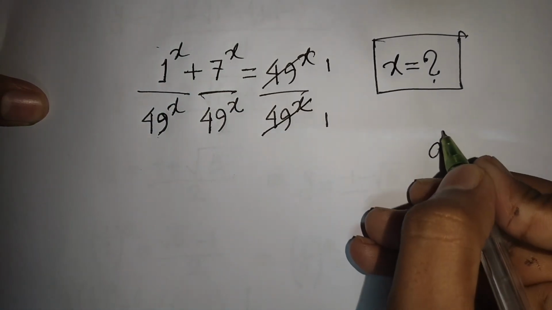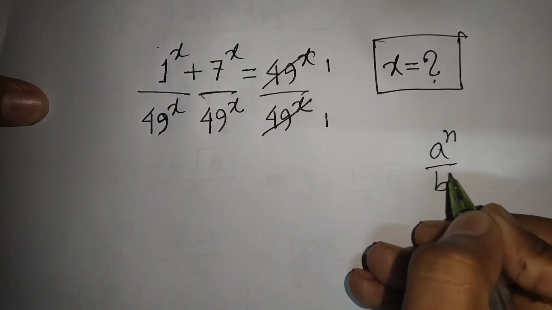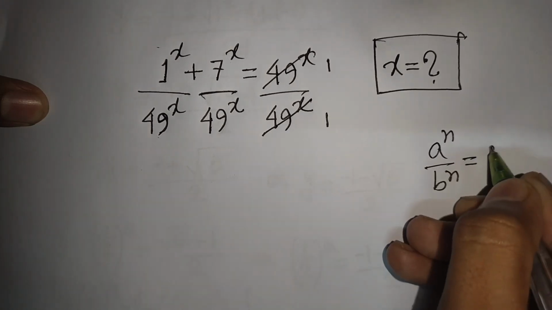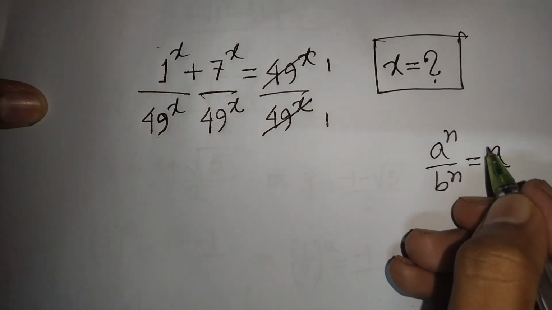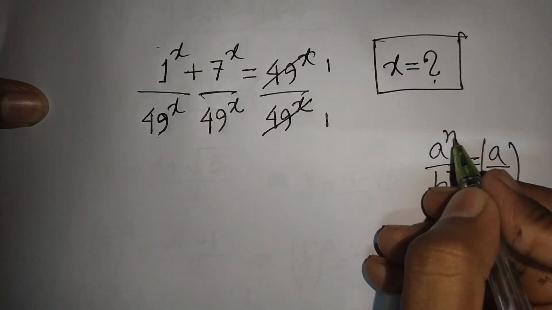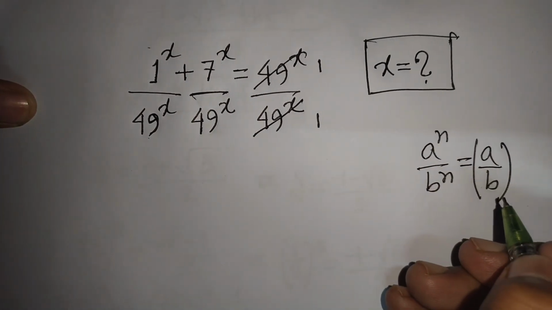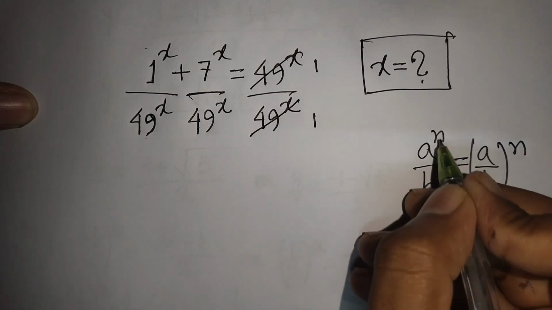So according to this formula, a power n over b power n is equal to a over b, then bracket common power n.